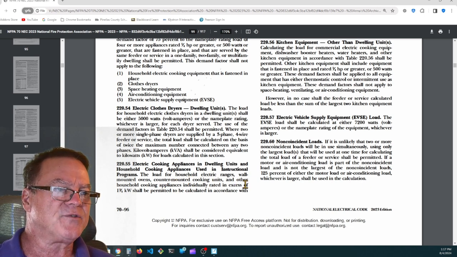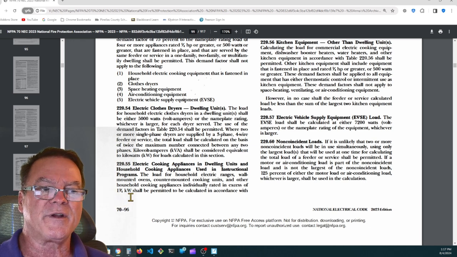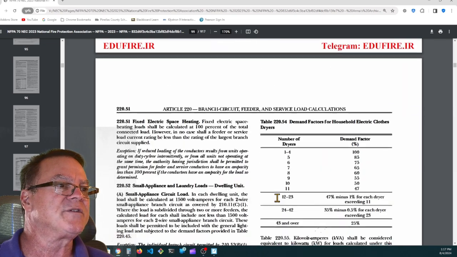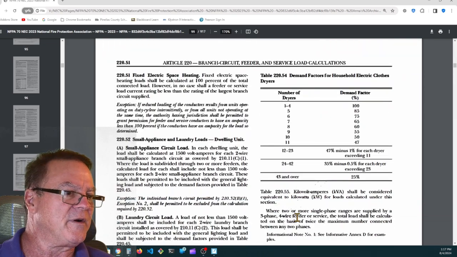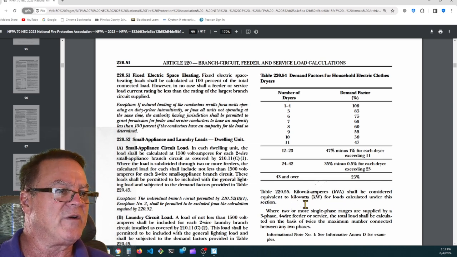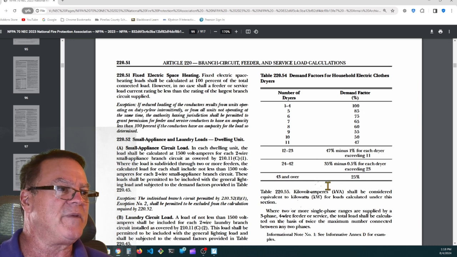It says a load for household electric ranges, wall-mounted ovens, counter-mounted cooking units, and other household cooking appliances individually rated in excess of 1 3/4 kilowatts shall be permitted to be calculated in accordance with, oops, where did it go here? Table 220.55. Kilovolt amps shall be considered equivalent to kilowatts for loads calculated under this section. So again, kilovolt amps shall be equivalent to kilowatts.